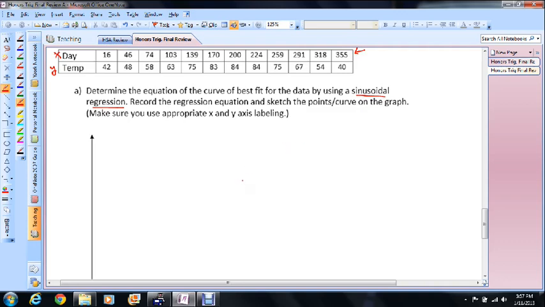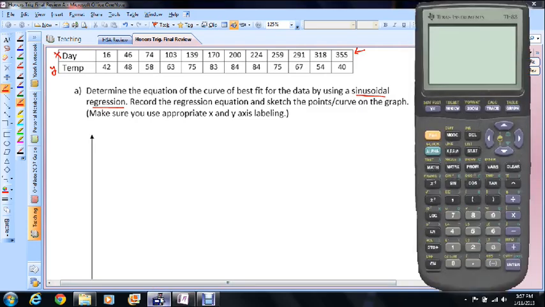So what I'm going to do is go into my calculator, and make sure it's on, of course. I'm already showing you what it's looking like. Okay, first thing you want to do is hit Stat.